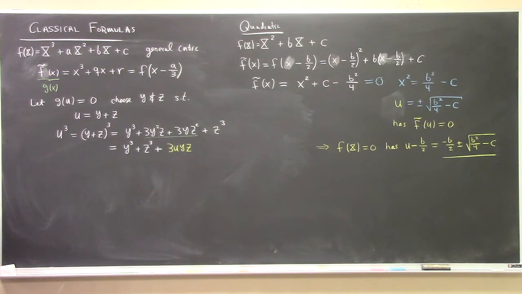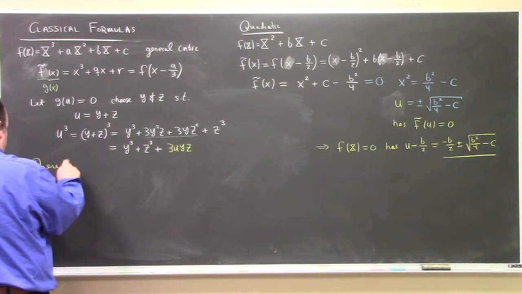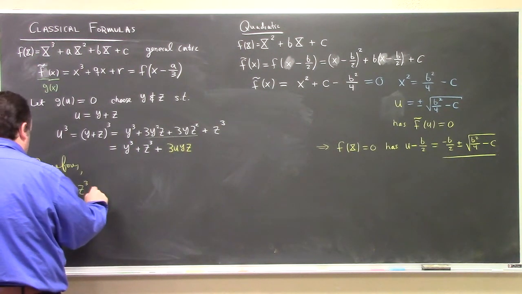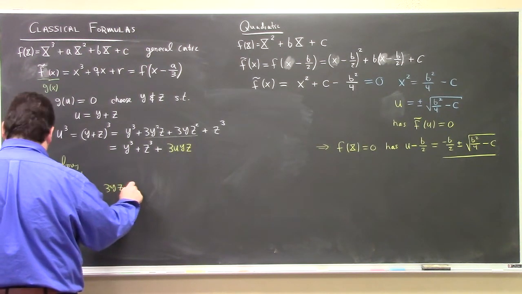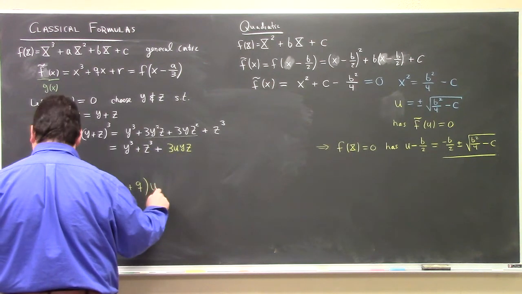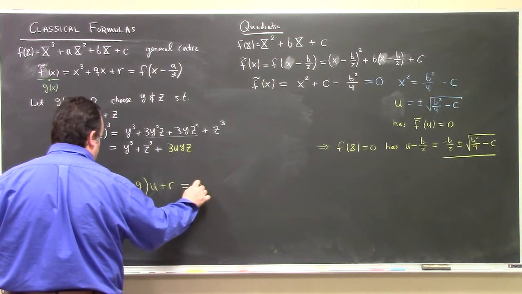And he says, therefore, y cubed plus z cubed plus 3yz plus q times u plus r equals 0.